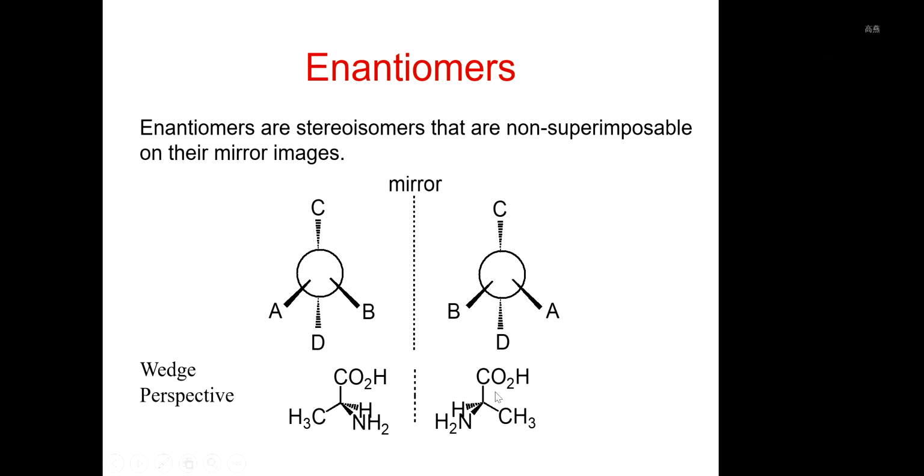So the carbon is linked with 4 different groups. And because the carbon is sp3 hybridized, the configuration of the molecule is tetrahedral, right?